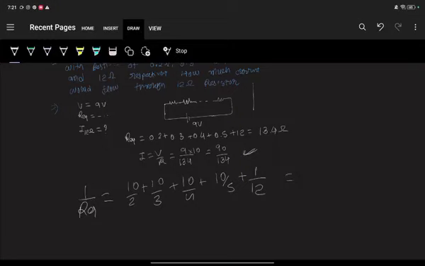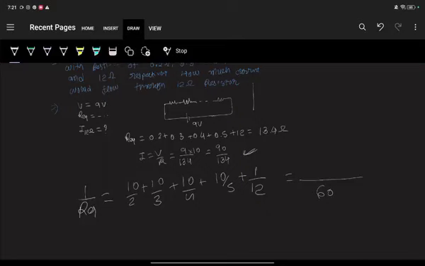Now we need to take the LCM. 60 will work, so we can use 60.